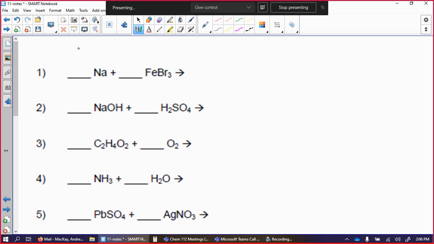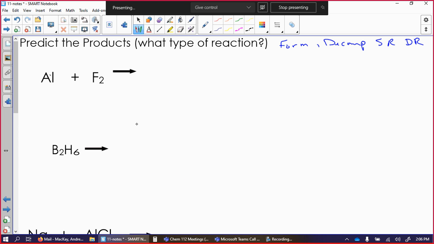And these ones don't ask you what type, but it's something that you need to ask yourself. And then if it's formation, what type of compound can you form? Normally for a formation reaction, unless I specify something, it's usually going to be ionic because if it's ionic, you know charges. If you know charges, you can write a formula. If it's molecular, who knows?